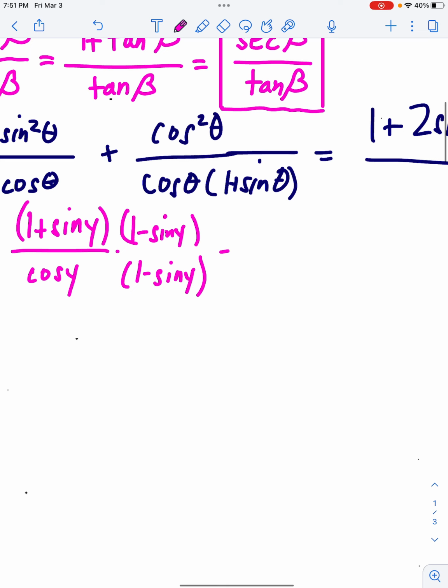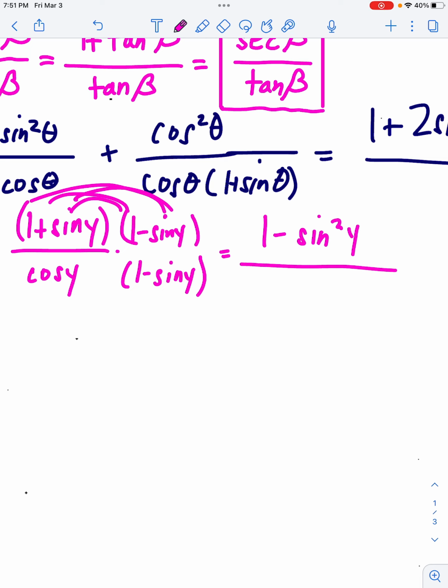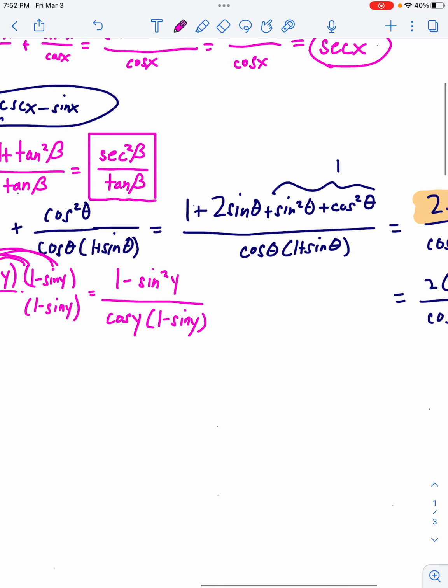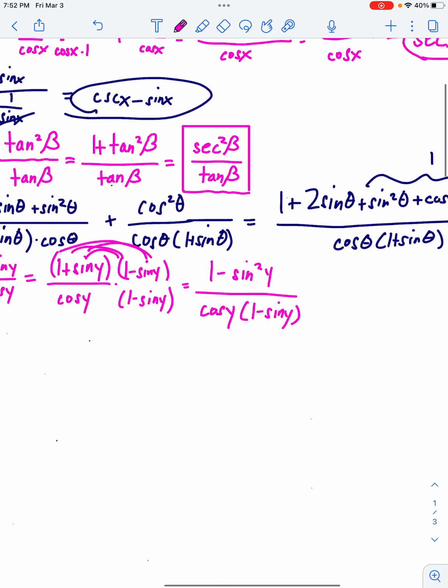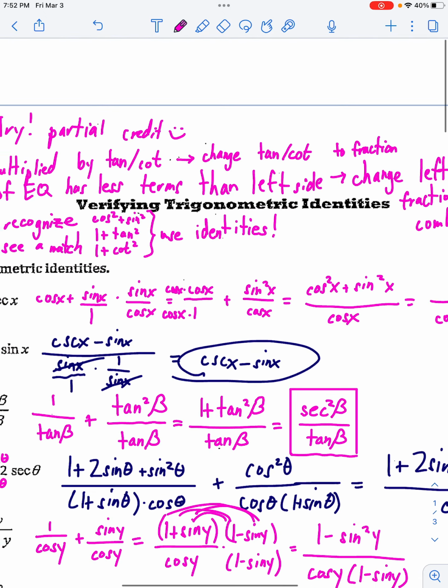The top of this fraction, when I FOIL this out, first, outer, inner, last, that's going to become 1 minus sine squared of y. And the bottom I'm just going to let chill there. Do not expand it out, okay? Don't expand the denominator unless you're absolutely stuck, have no idea what else to do, okay?